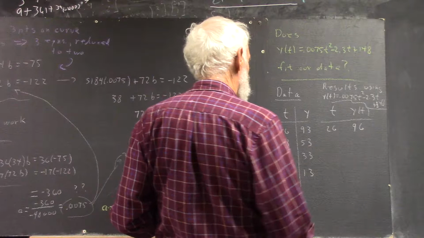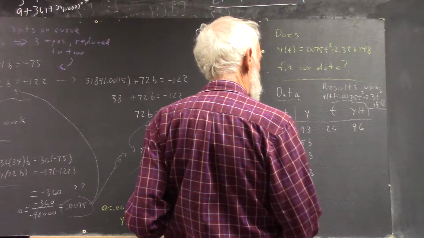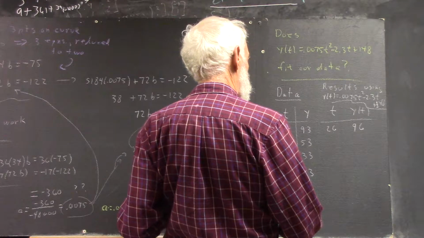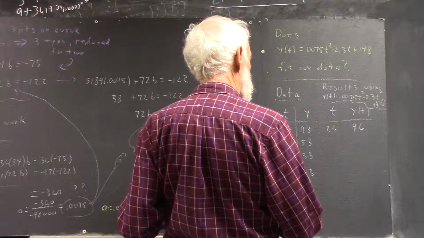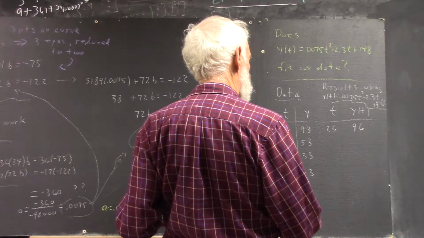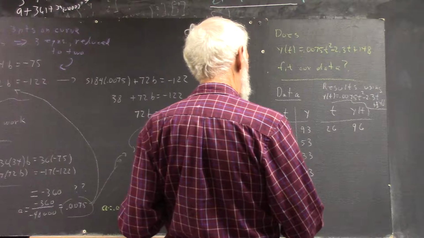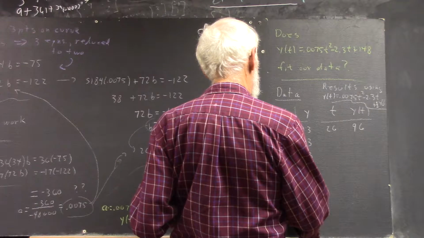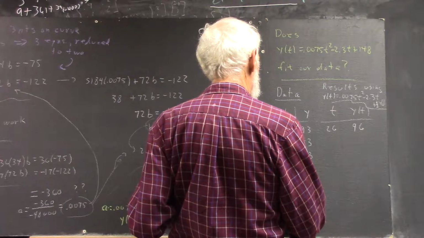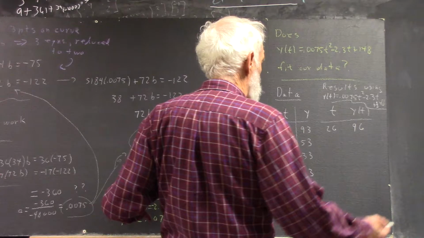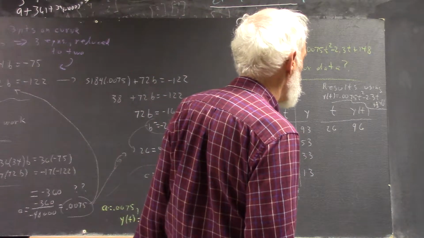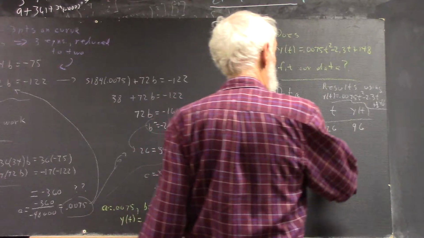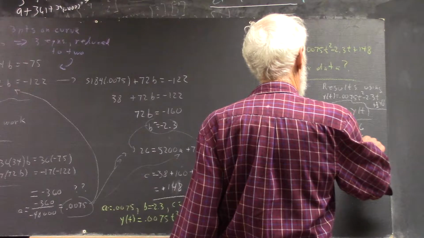Okay, 2.3 times, yeah. I think I got 111. I think I got it. Minus that's 148 would be 148 minus 93, which would give me, yeah. Okay.